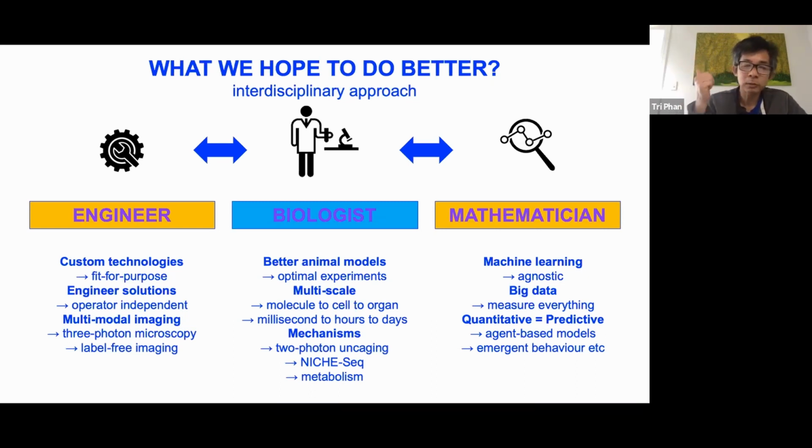The experiments that we really want to do are those that span scales, that problem of scale that I mentioned. We want to be able to image molecule to cell to organ, and image in maybe even the milliseconds, but also, as you saw, over hours and then days and possibly even longer.